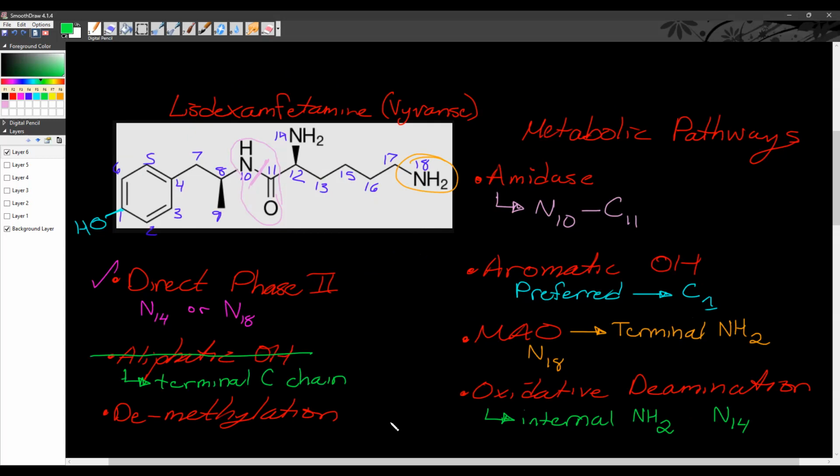And then finally, what about demethylation? This carbon 9. Can carbon 9 be removed through demethylation? For this one, remember that demethylation is removing a carbon chain from a heteroatom.